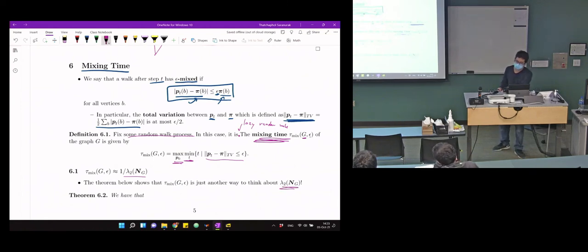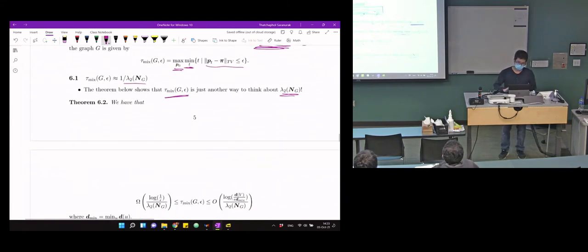And we have seen that this lambda 2, by Cheeger inequality, characterizes whether the graph is an expander or not. But sometimes it's not easy to think about, right? It's just some algebraic stuff. It turns out that mixing time is just another way to think about it. How?